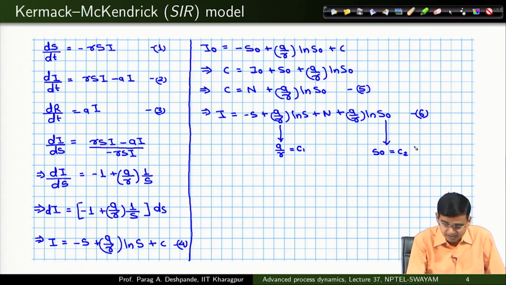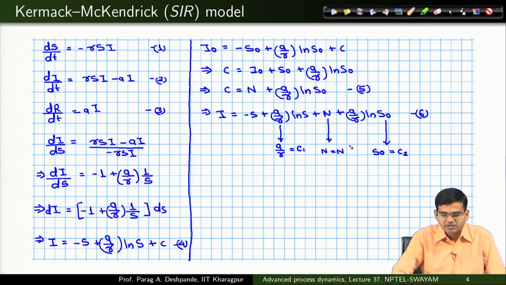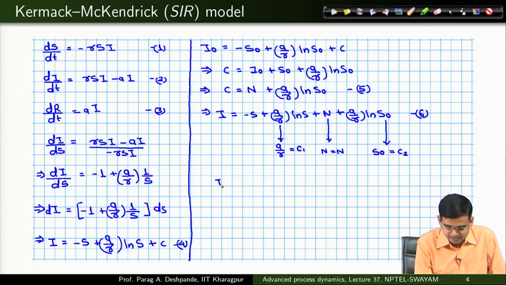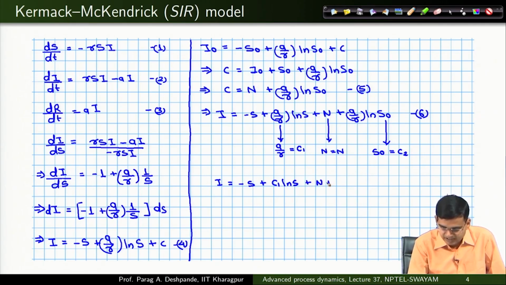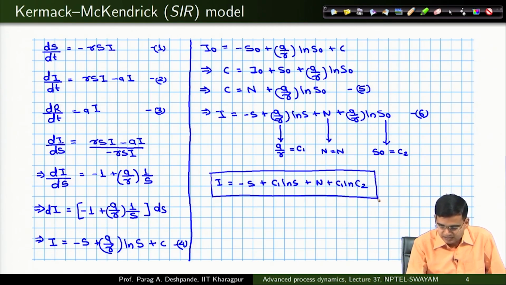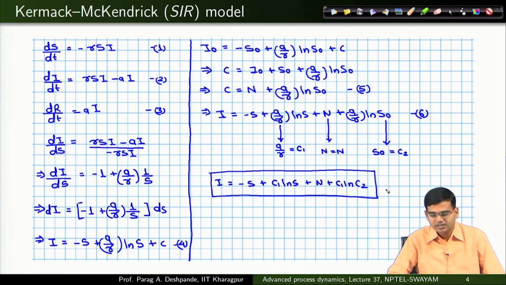I have a third parameter n, which is the total population, and I am denoting n simply by n. So, I have I is equal to minus S plus C1 ln S plus n plus C1 ln C2. Okay. This is what I want to get a nature of.